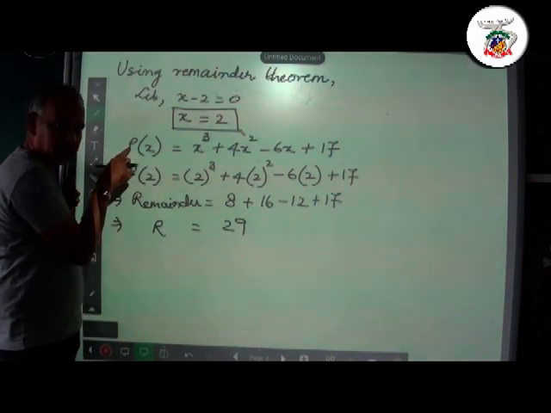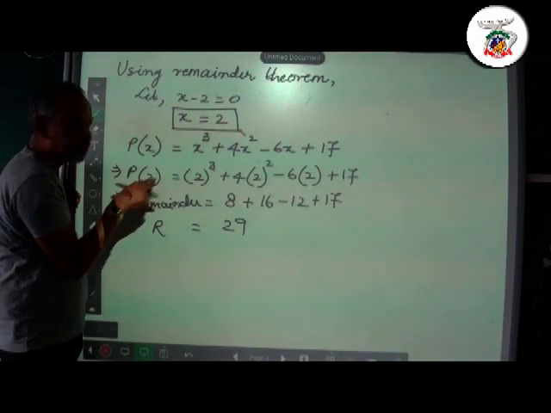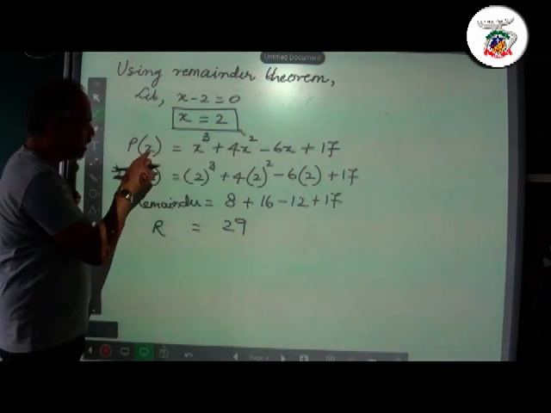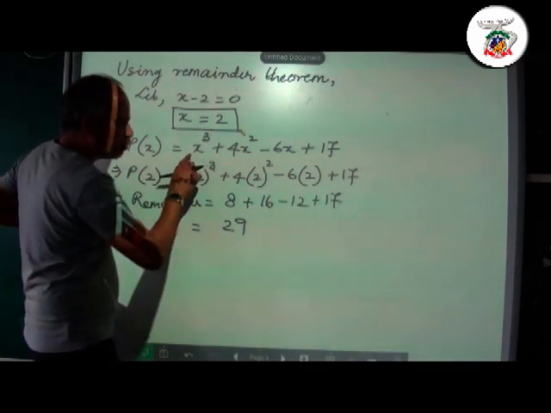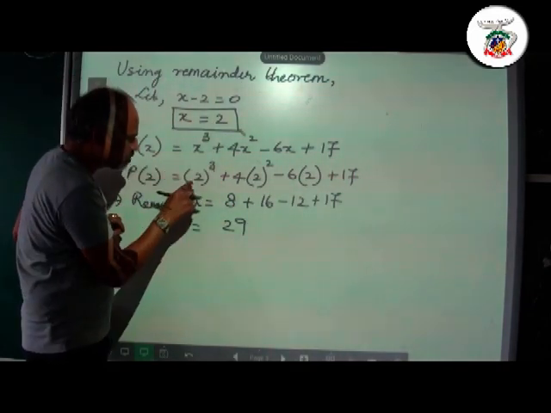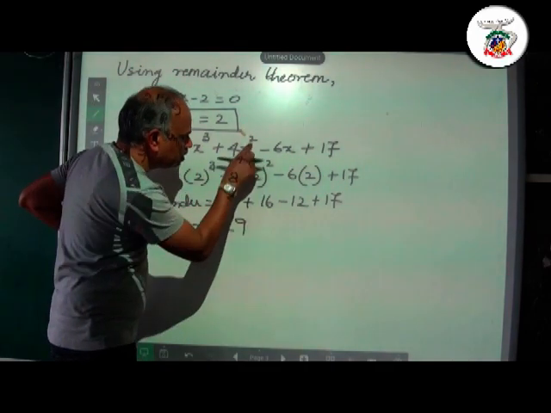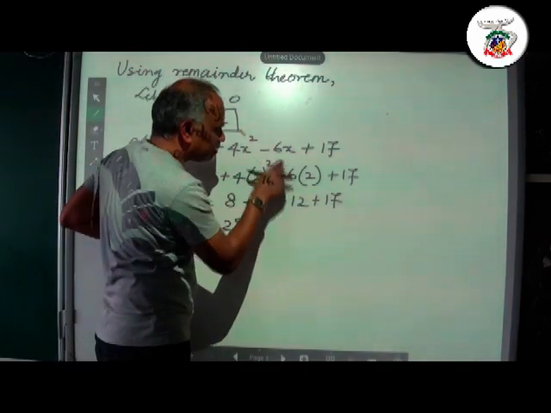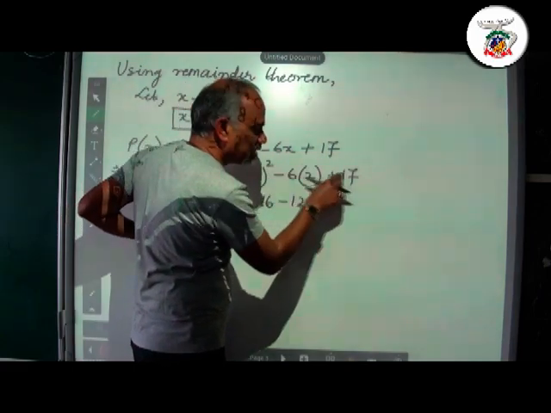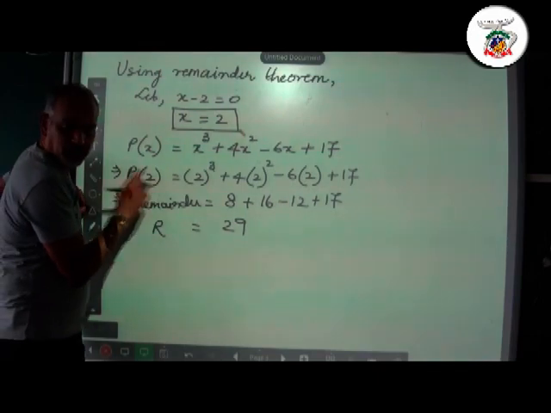So p of 2 is equal to, wherever x comes, you put the value 2. So x cubed becomes 2 cubed plus 4 into 2 squared minus 6 into 2 plus 17. So this is p of 2.